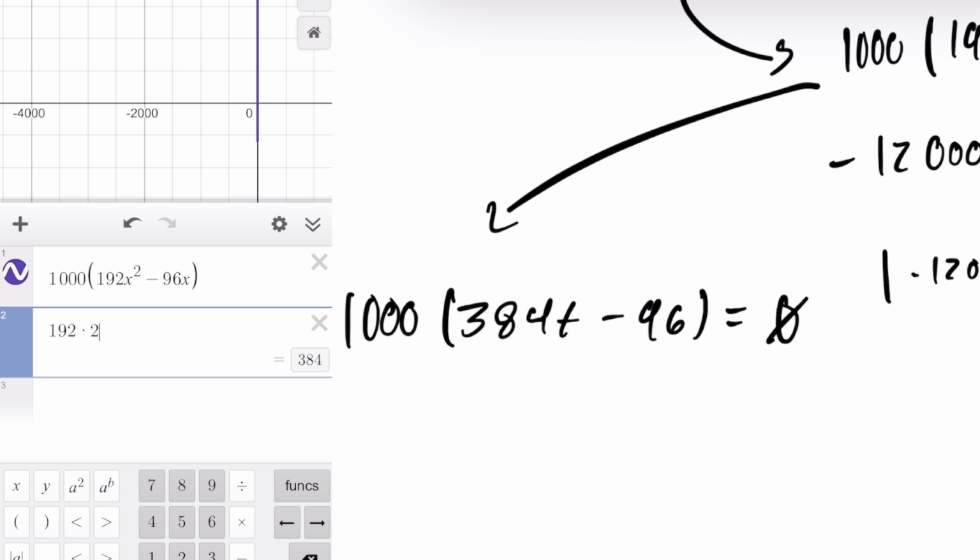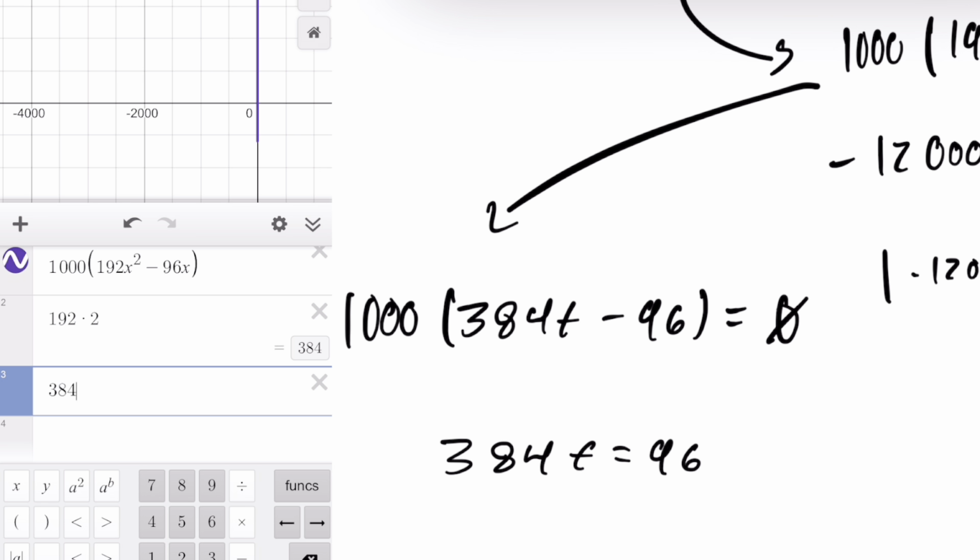So this 1,000 just goes away, and now it becomes 384t equals 96. Oh, it's not 384 divided by 96, it's 96 divided by 384. So at t equals 0.25 is when our maximum occurs.